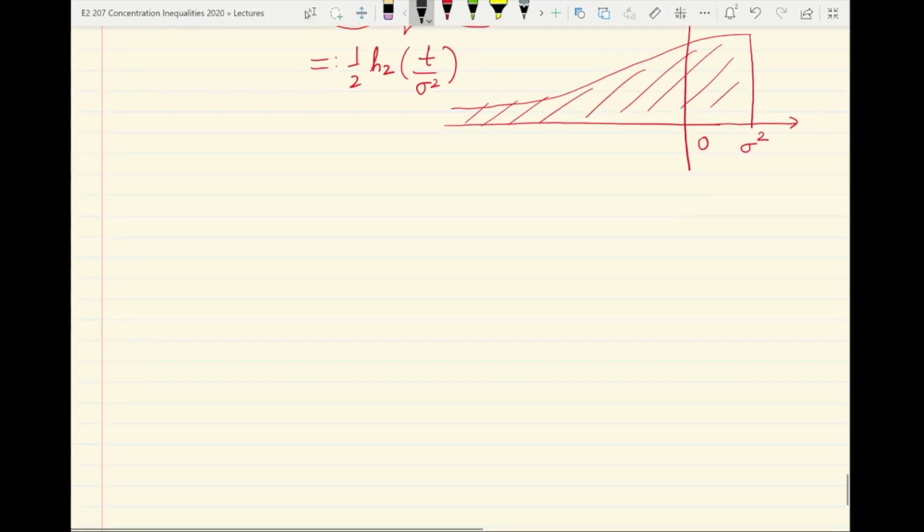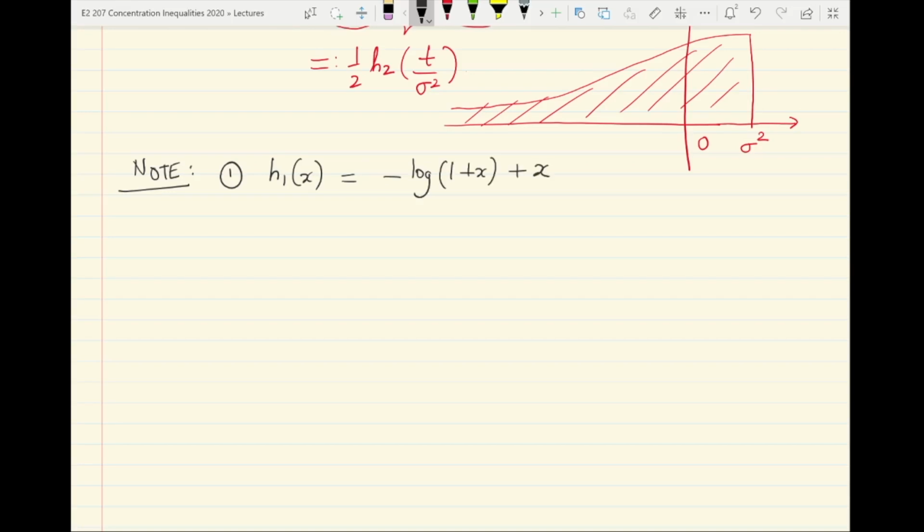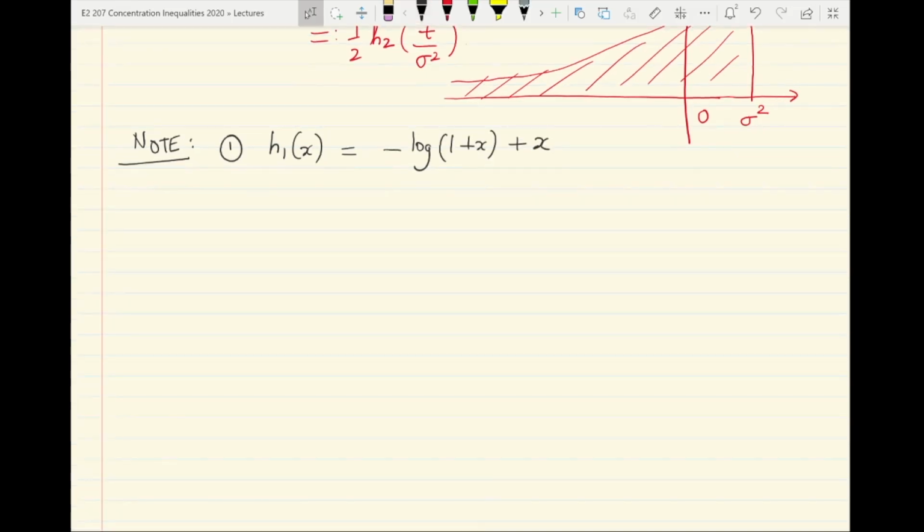So let's start with h1. Okay, so this is our first note. h1 of x, recall that it was x minus log 1 plus x. So this means that half h1 x equals minus half log 1 plus x plus x by 2.